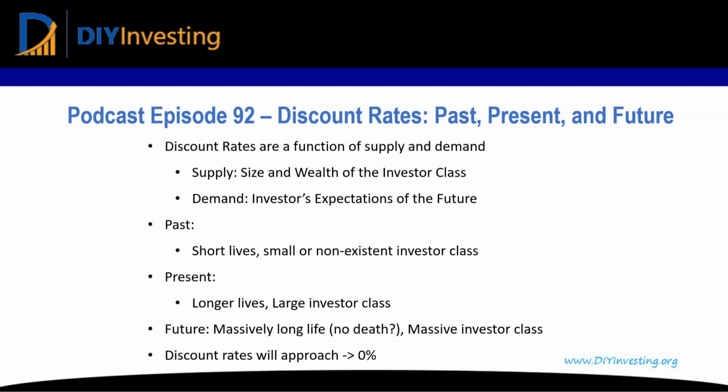And kind of what I hope you get out of this podcast is to understand some of the historical basis for the discount rates that we choose, and also to really help you get a grasp on what it means to choose a discount rate, what it means to select a discount rate in your investing process.